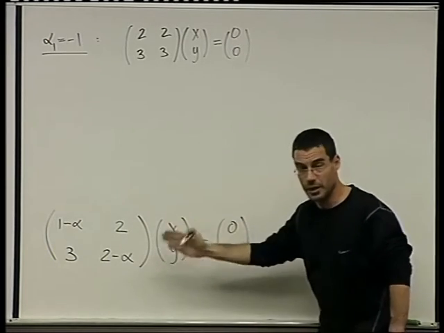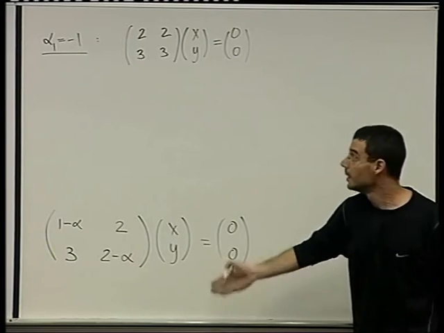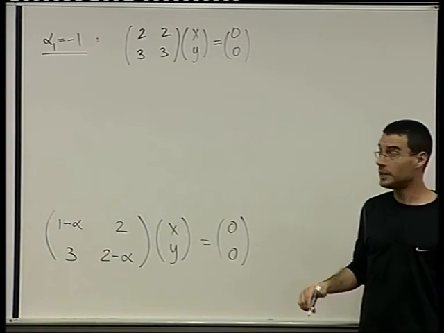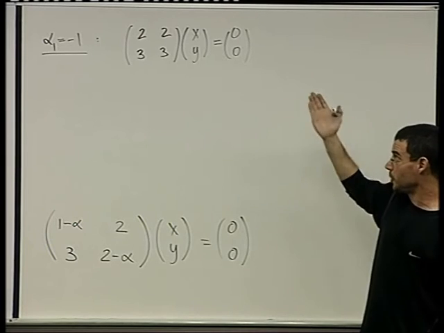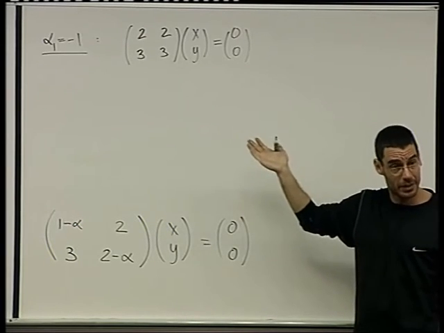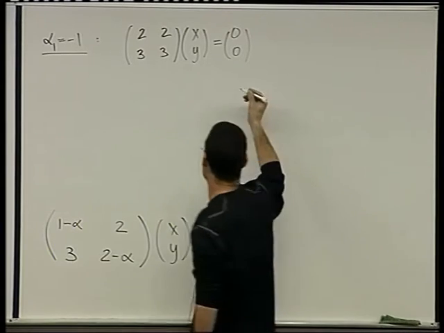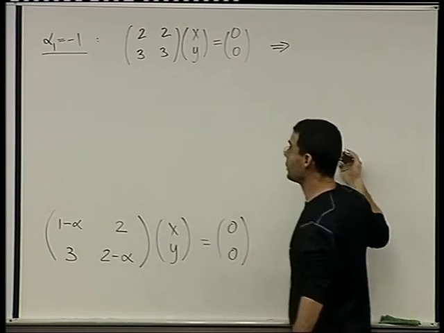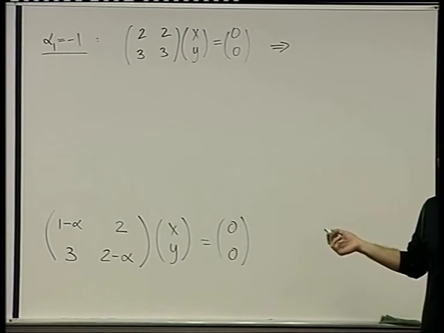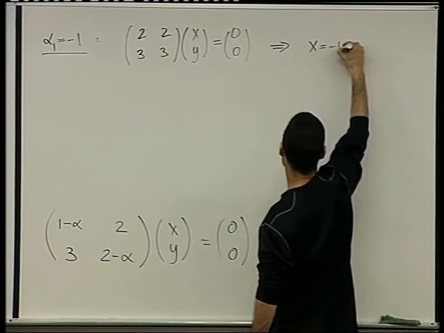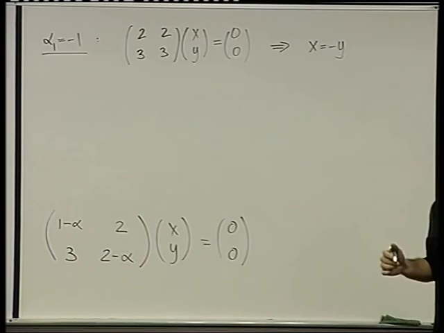Once I plugged in a concrete alpha, it's a concrete system, and we know how to solve it. This is a system of two equations, two unknowns. In fact, they're the same equation written twice. So the solutions are 2x plus 2y equals 0, or 2x equals negative 2y, or x equals negative y. These are all the solutions. Do you agree? Okay, good.